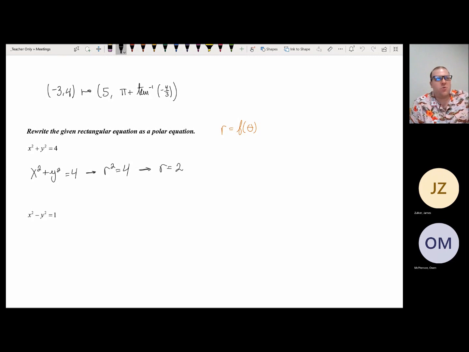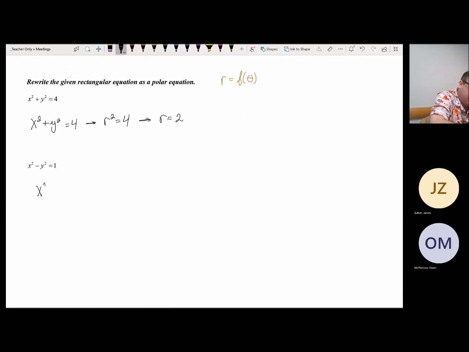x squared minus y squared is equal to 1. Now, wouldn't x be r cosine theta? And then, of course, y is r sine theta. Right now, that's what we have.